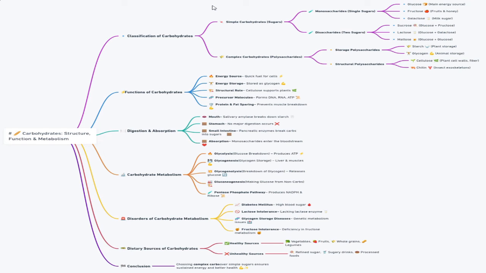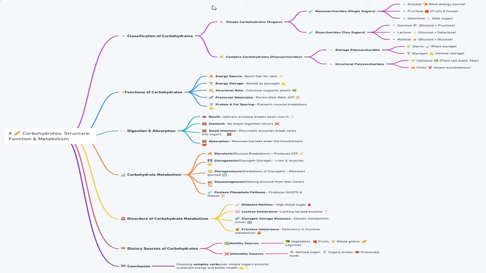The only difference from starch is the number of branches: alpha-1,6 branches every 8 to 12 residues, versus amylopectin's 12 to 30, so glycogen is more branched than amylopectin. And glycogen gives a red-violet color with iodine.